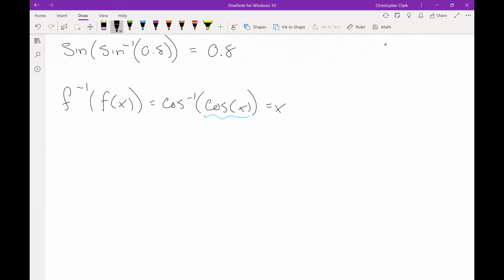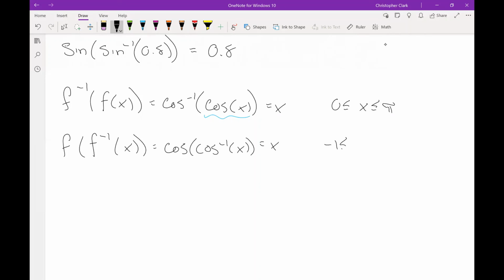So only when x is between 0 and pi. Similarly, f of f inverse of x is equal to cosine of cosine inverse of x, but only where cosine inverse makes sense, and that is between -1 and 1.